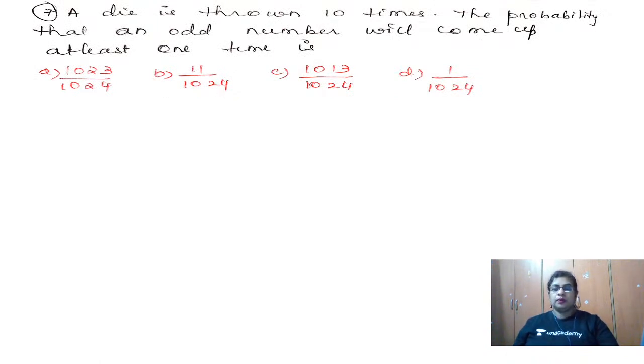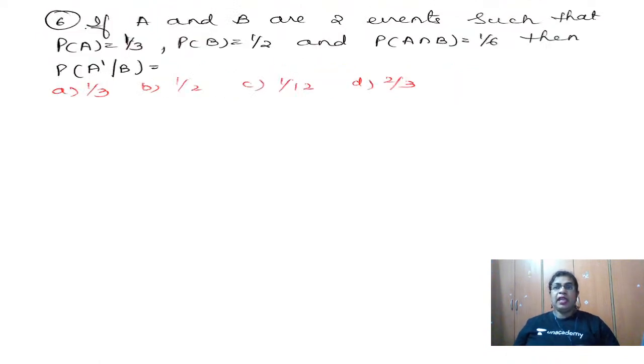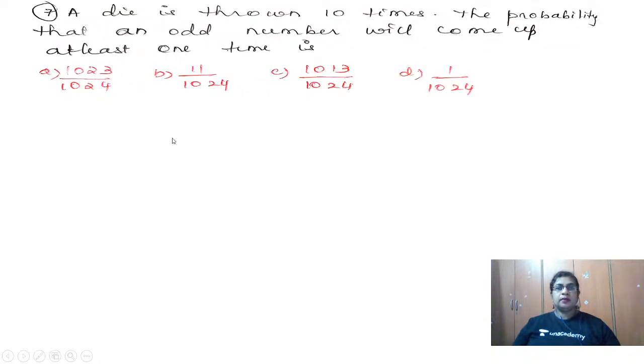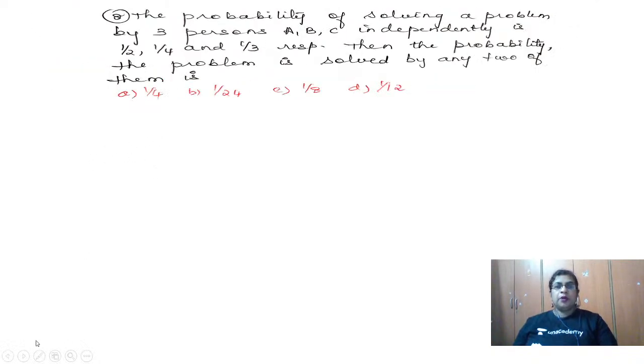Now, if A and B are two events such that P of A is given, P of B is given, P stands for probability. Probability of A is given to me, probability of B is given to me.